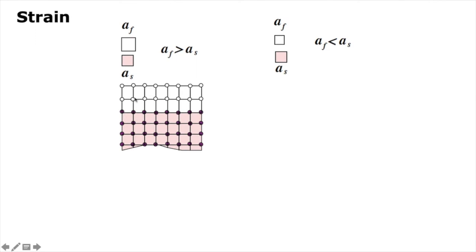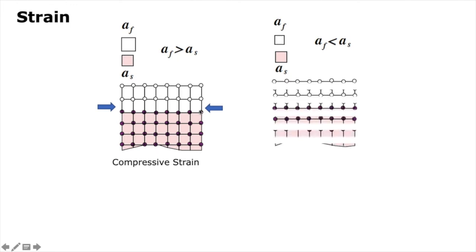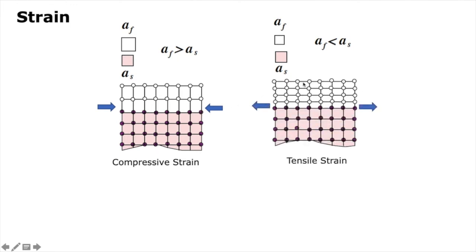This side will be compressed, this side will be elongated, and it would be the other way around in the other case. So if this happens, then of course you get some kind of compressive strain at this point. Similarly in the other case you get tensile strain, because on this side it will be elongated and on this side it will be compressed.